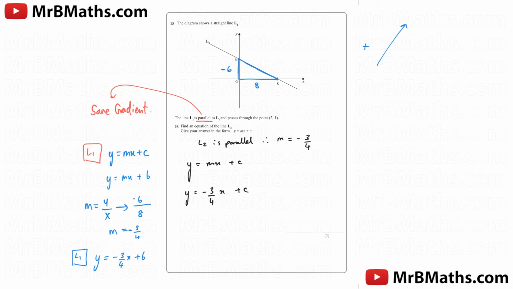Now we are told that L2 passes through this point here, and we can use these values now to find out our plus c. So we've got a value, obviously this being x and this being y. We can substitute that in here. So we've got y as 1 equals minus 3 over 4, our value for x, which is 2, plus c. That's what we're trying to find out, so we can't substitute anything.